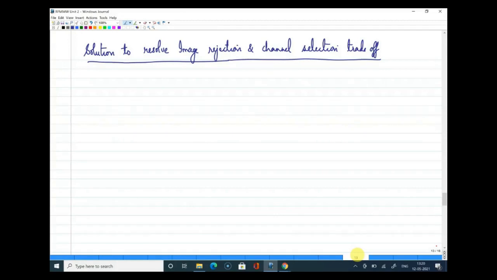All right. So one standard solution in order to overcome this trade-off between image rejection and channel selection is just to extend the process of heterodyning. So what do you mean by extending the process of heterodyning?